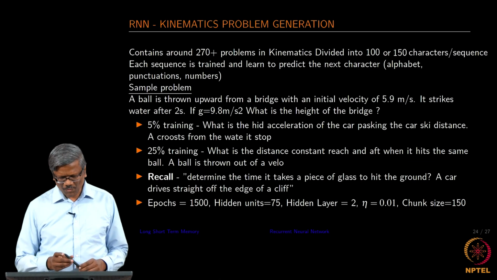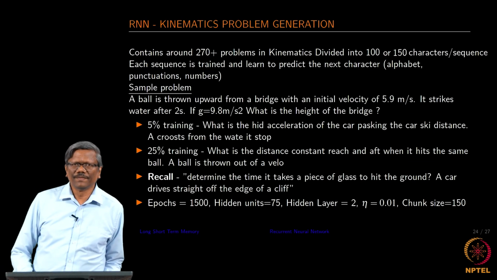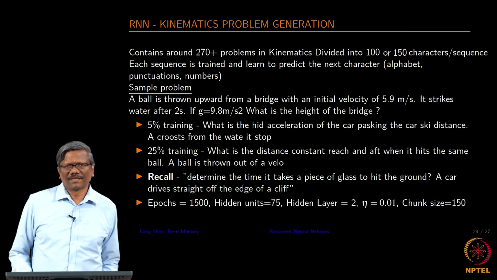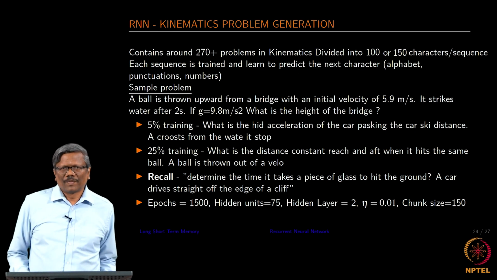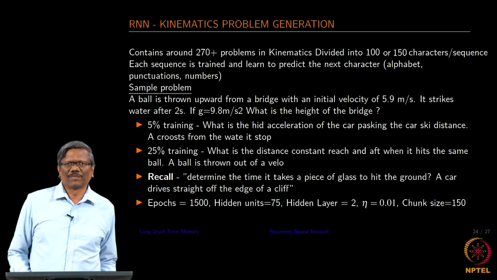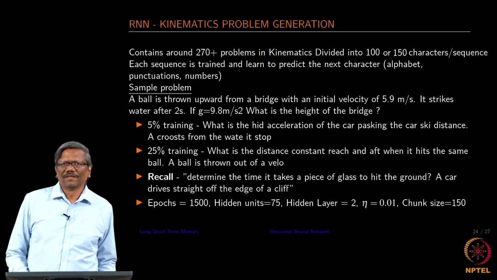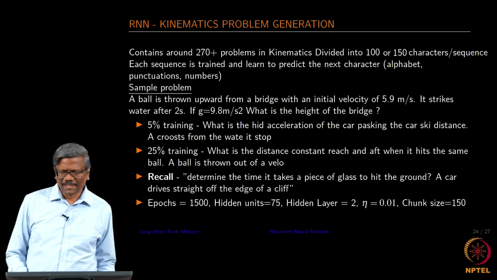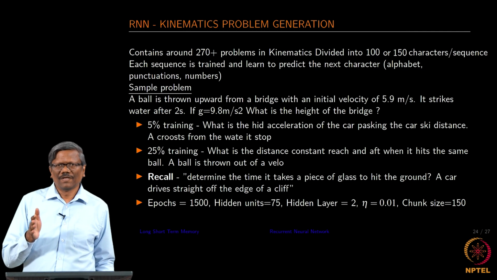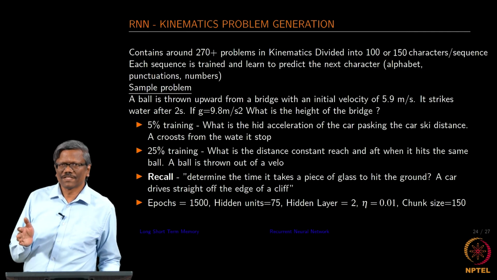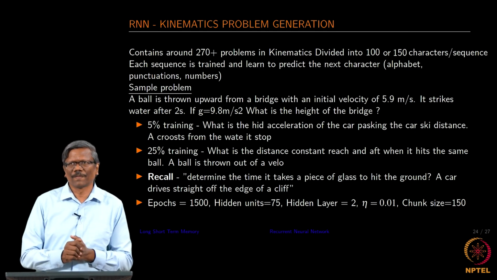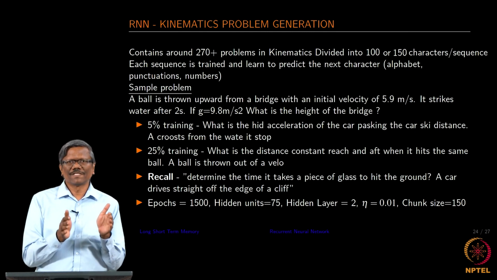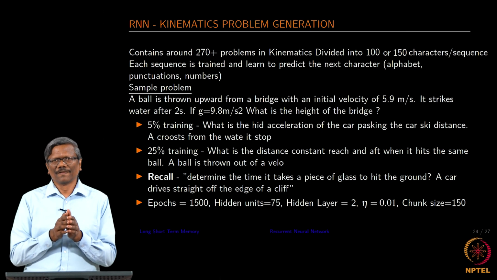Let us take one small example of how to really generate an English statement, given a corpus. In this case what I have done is I have taken a corpus that consists of 270 plus problems in kinematics, and then I have divided this into 100 characters per sequence, like I had shown earlier. So, this sequence is my chunk now. Every sequence contains about 100 characters.